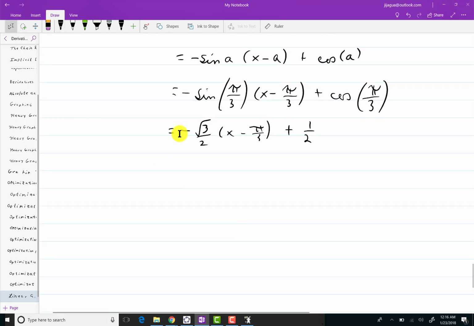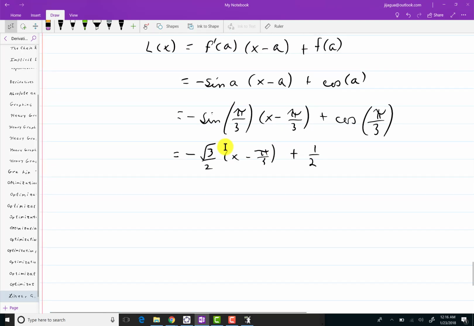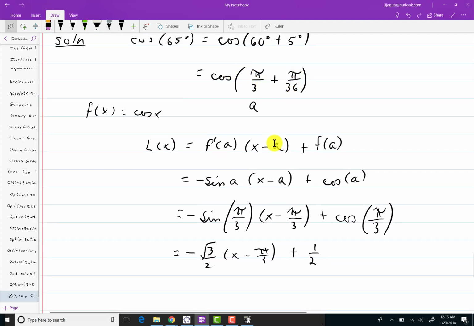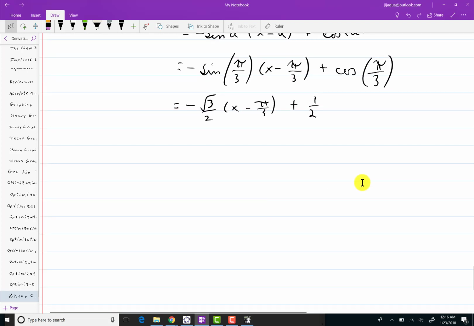Now it's going to be complicated to do this. I'm not going to be able to do this by hand, but for my approximation, I'm going to throw in 65, which is really pi over 3 plus pi over 36. Watch what happens. Cosine of 65 degrees equals cosine of pi over 3 plus pi over 36. And I suggested this, of course, was the A. So this whole thing here is the x.